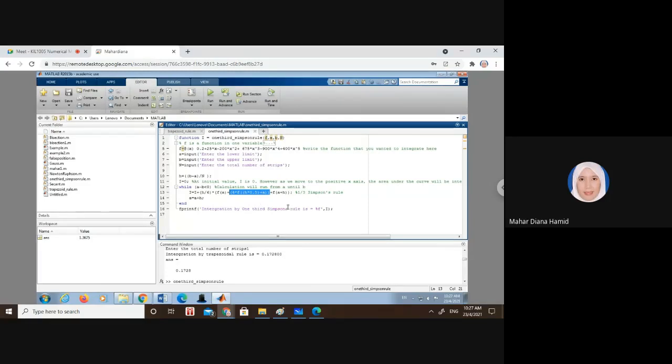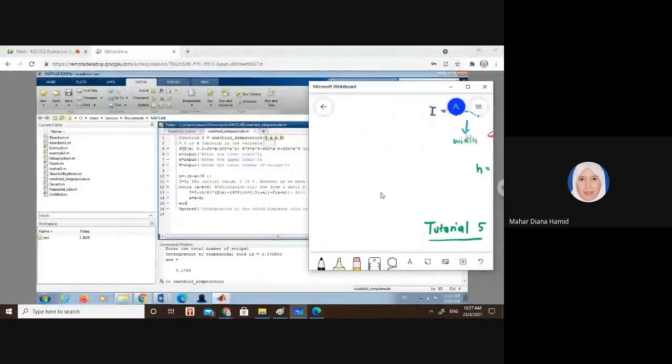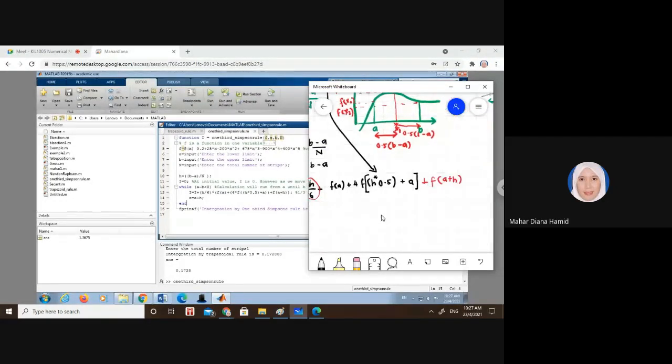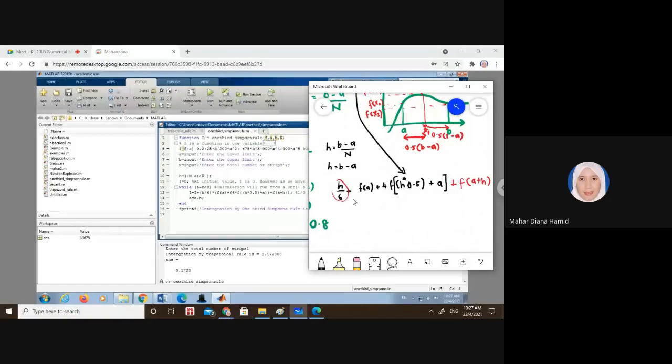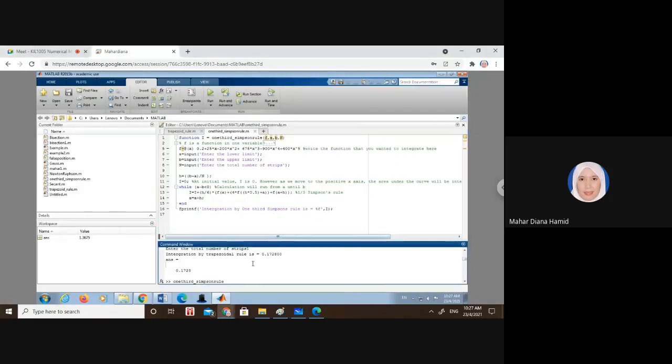Yeah, should be right. So if you compare this with the one that we have derived, one over 6 F of A plus A.